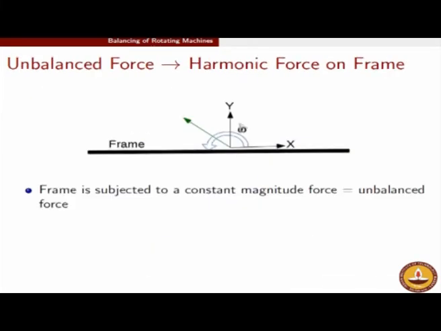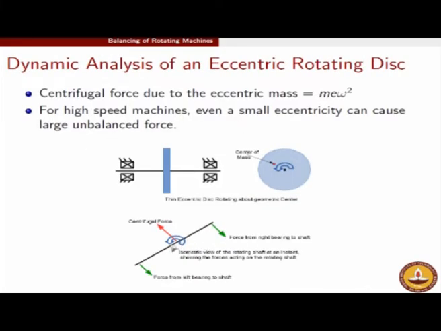So at present what we have found out is that because of the rotation of this rotor shaft system, there is a centrifugal force, and this centrifugal force at each instant has to be balanced by these green forces, which are the bearing reactions.